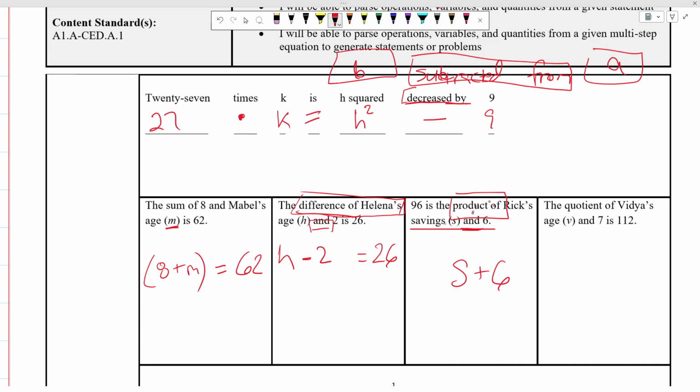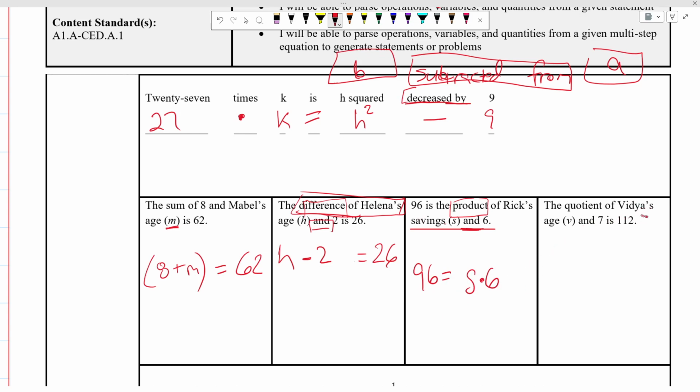So this phrasing in front of it, the product of, the difference of, the sum of, it would override what you would typically think of as being "and." It would be relating to what this is, just like it related to what the difference was, right? The difference being subtraction, the product being, you ready for this? Multiplication happening. So it would indicate that there's multiplication happening. And I had my "is" and 96. So 96 equals S times 6. There you go. That's that one.